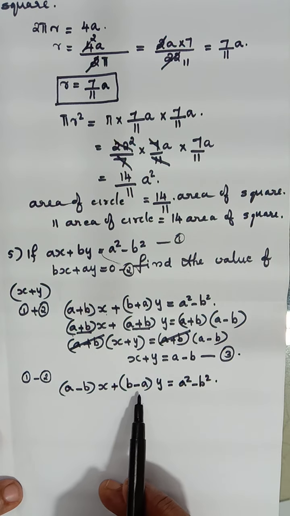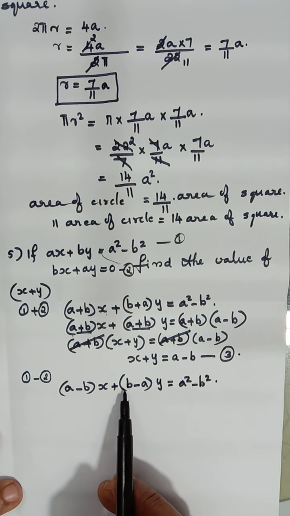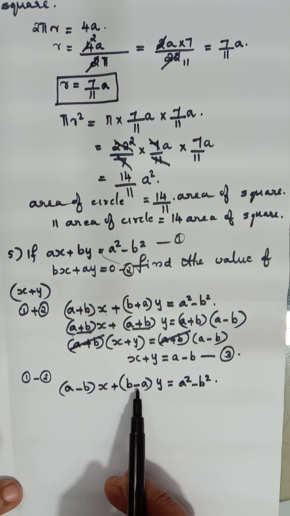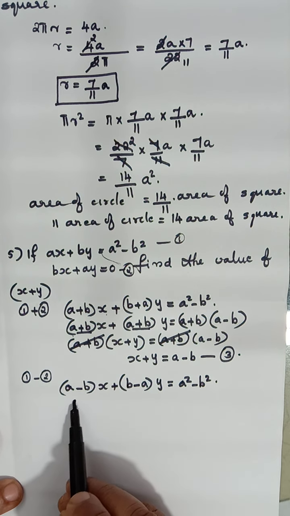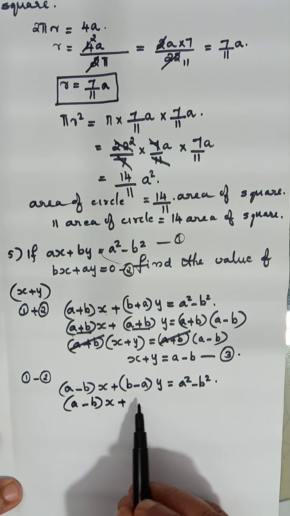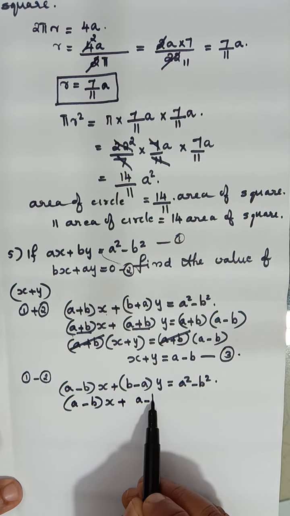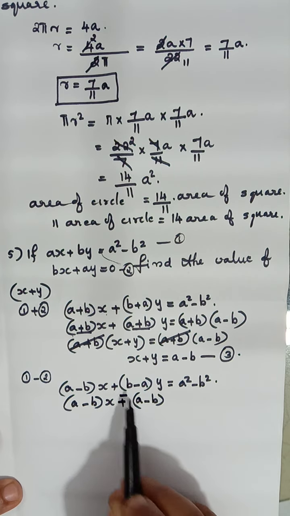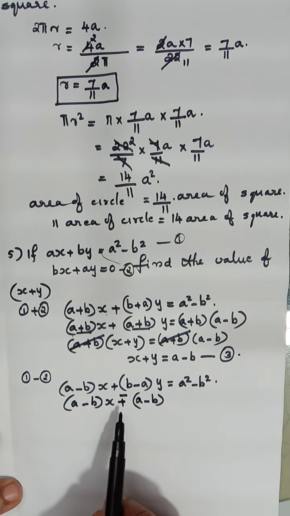Look at this. If you want to change the side, this is actually positive b minus a, so we have to change the sign now. (A minus b) into x plus, this is (a minus b) with the negative sign outside. Now it is minus a plus b.